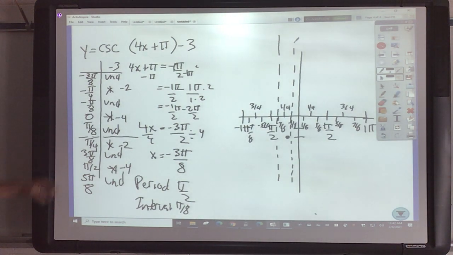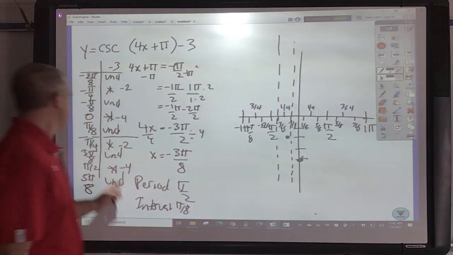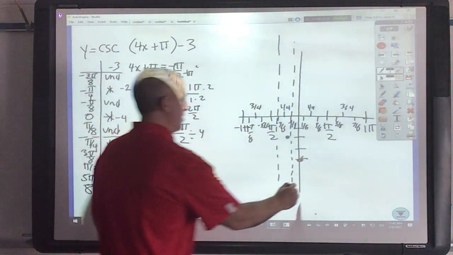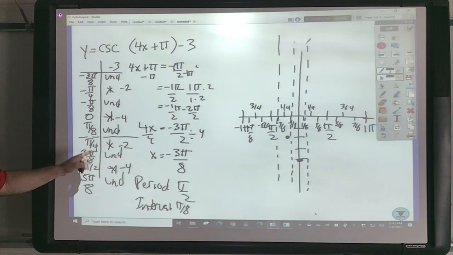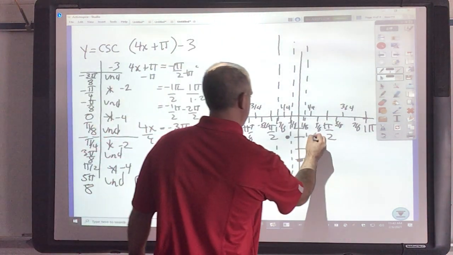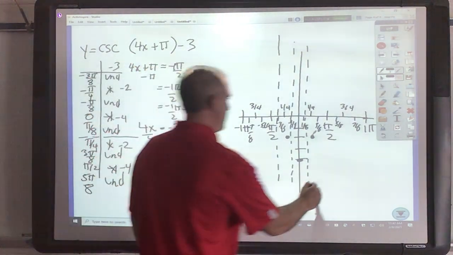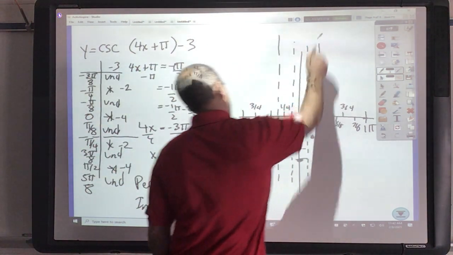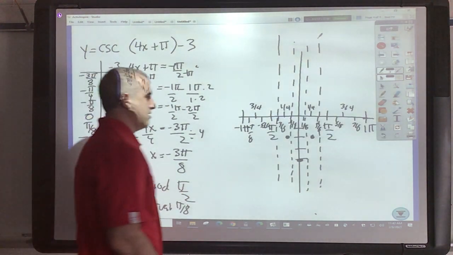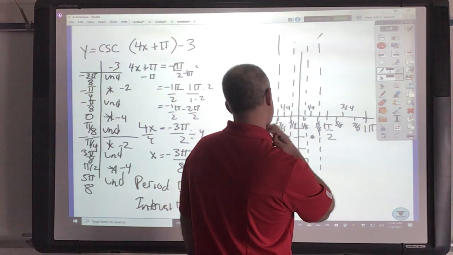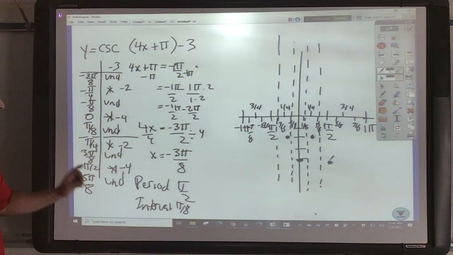At 0 I'm at negative 4. At 1/8 I'm undefined. At 1/4 I'm at negative 2. At 3/8 I'm undefined. At 1/2 I'm at negative 4. And then at 5/8 I'm undefined.